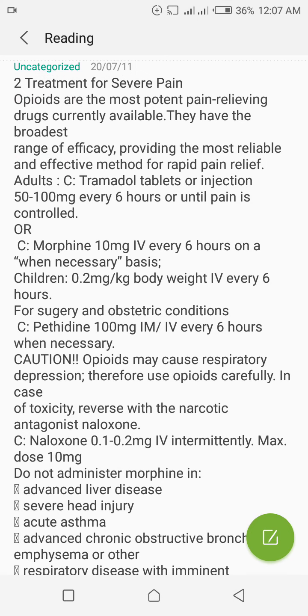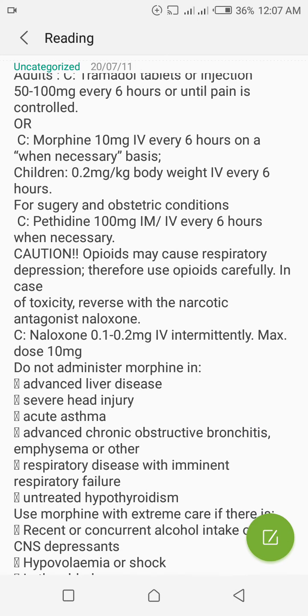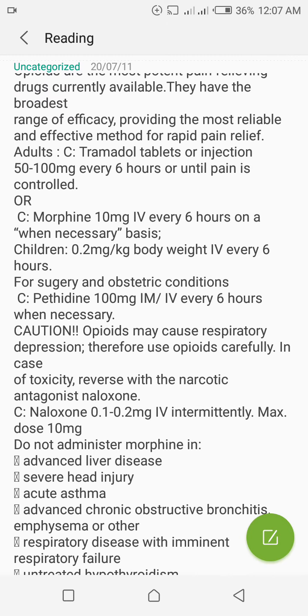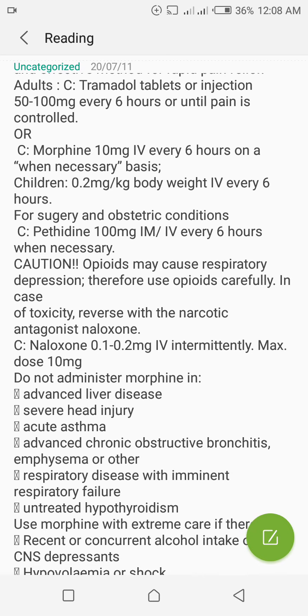Reverse the narcotic toxicity with the antagonist naloxone. So you can use the NSAID, aspirin, paracetamol, morphine, or tramadol; all of those can deal with pain. By NSAID I mean, for example, ibuprofen, which is part of the NSAIDs.